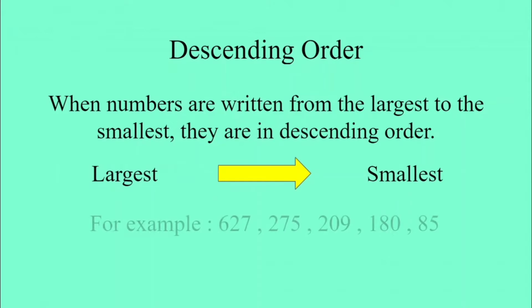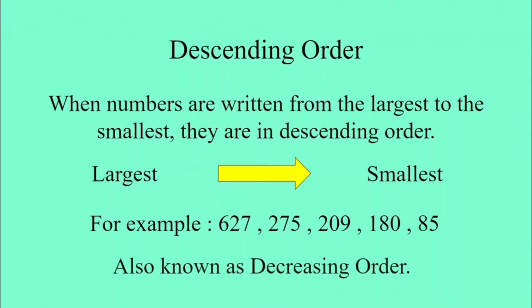For example, look at this set of numbers. 627, 275, 209, 180 and 85. These are arranged in descending order, and we can also see that the numbers are decreasing from greatest to the smallest. Therefore, it is also known as decreasing order. That means descending order is also known as decreasing order.